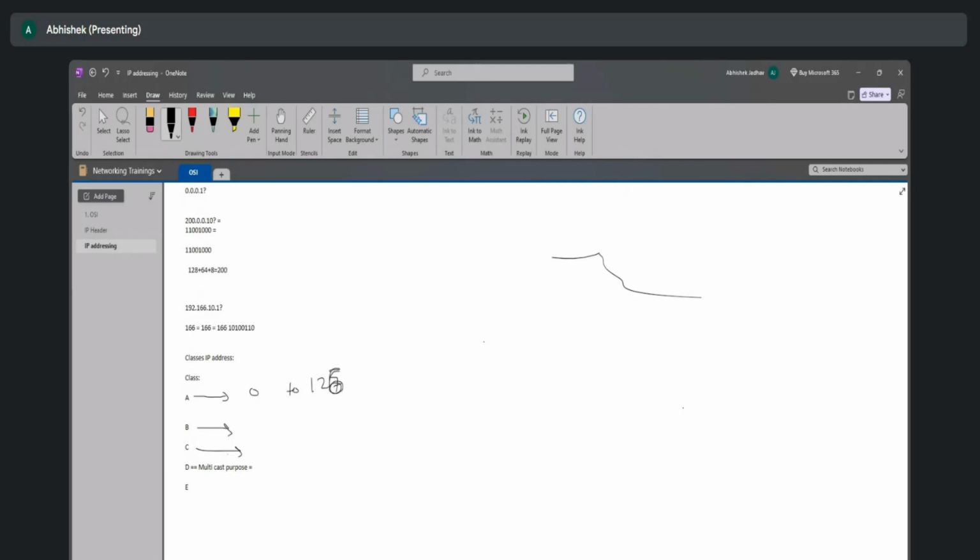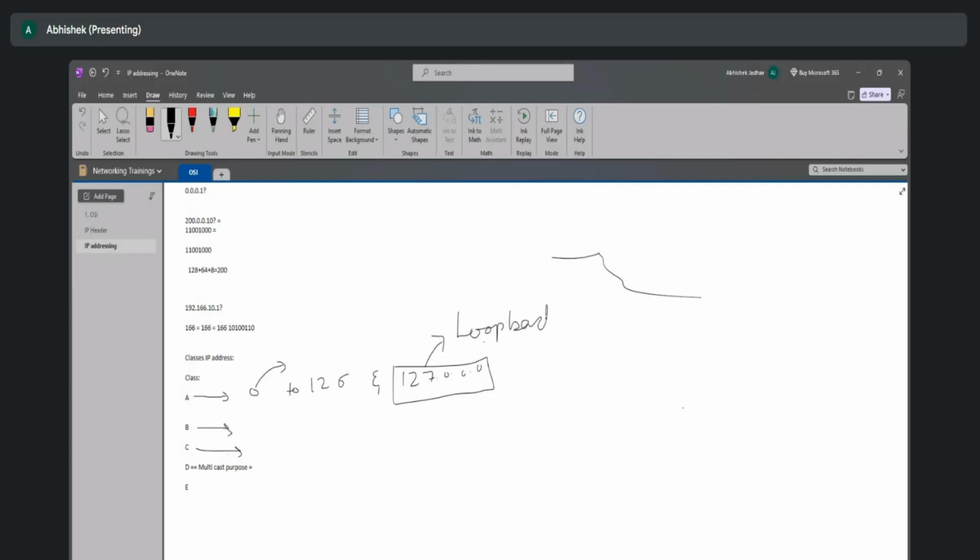So totally in class A, you have around 126 IPs. What happens is in class A, 0 and 127 are not considered. The reason being 127 is considered a loopback IP address.